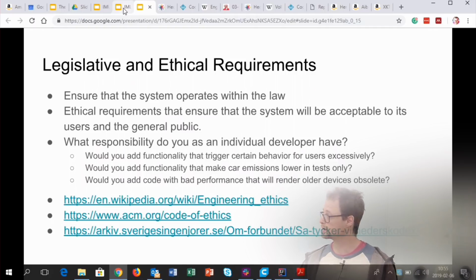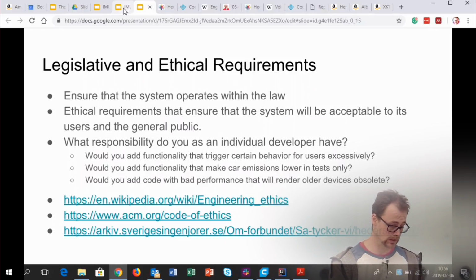But I think as more and more of society depends on software, more and more people and environment is affected by software, and decisions that are actually made by software engineers. This becomes more and more important to know about and think about.